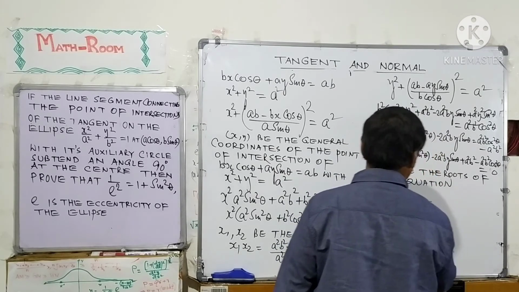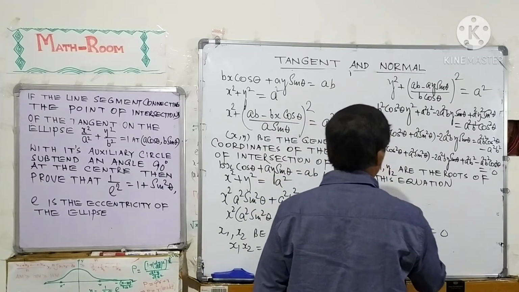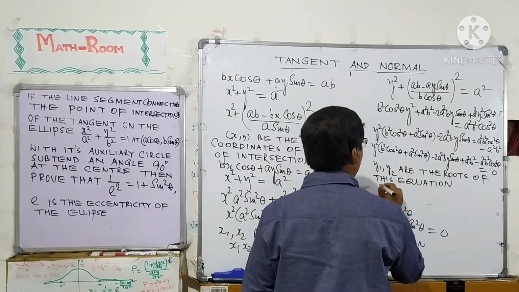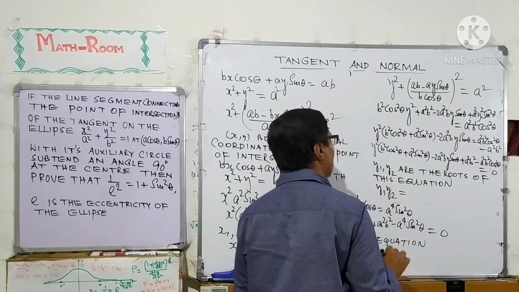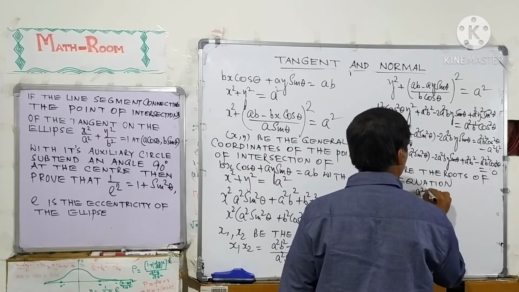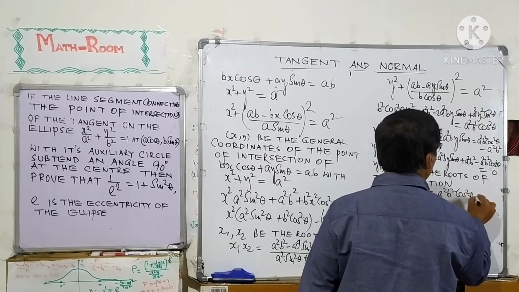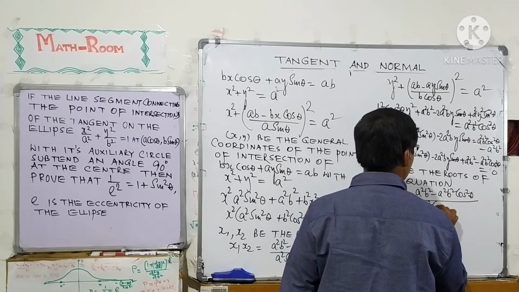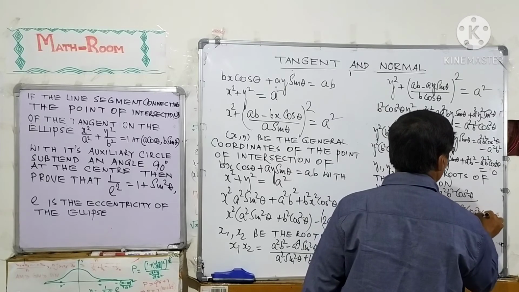So from the relation among the coefficients and the roots we can write y1 y2 equal to (a square b square minus a square b square cos square theta) over (a square sin square theta plus b square cos square theta).